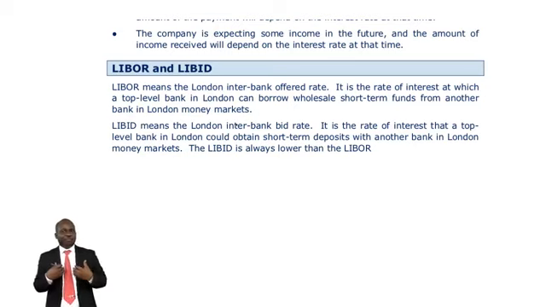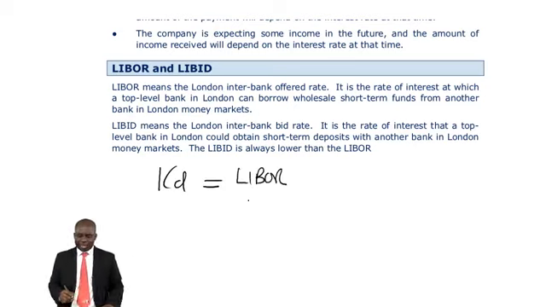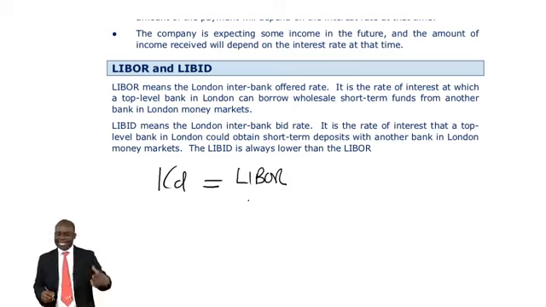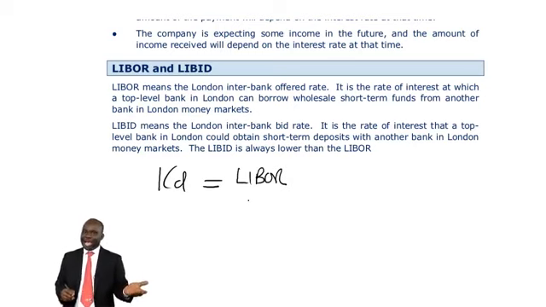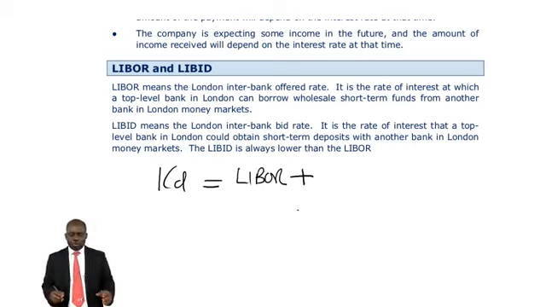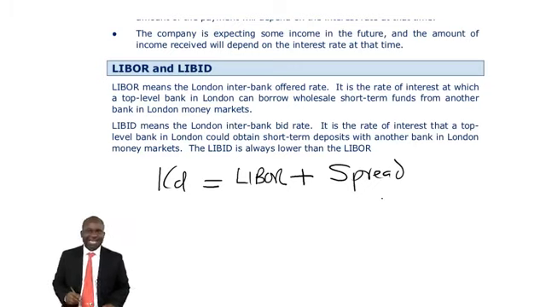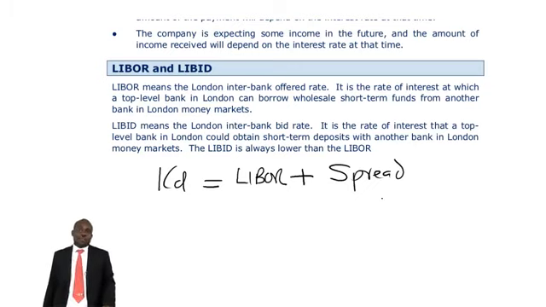So if I have to borrow, my cost of debt can be calculated as the LIBOR. This is what the bank is actually borrowing at. They are not going to give me the loan at that rate. They will definitely add something. What they will add is what we refer to as what? The spread. That's their profit element.